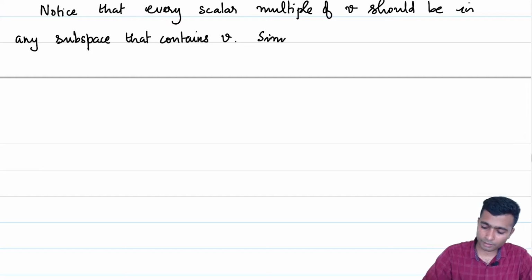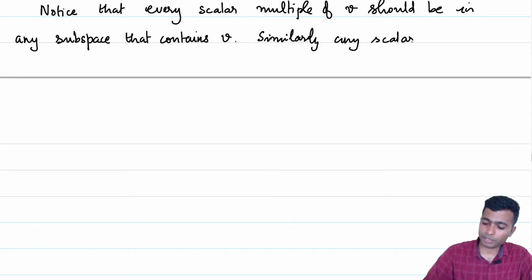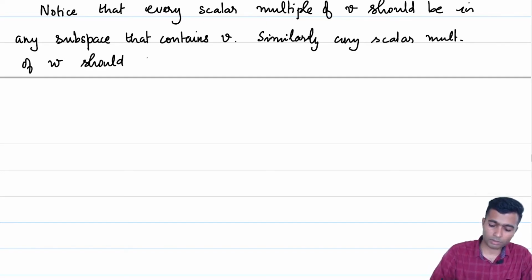Similarly, any scalar multiple of W should also be there. Should be in, just writing it again, which is inefficient, but let me do it anyway.